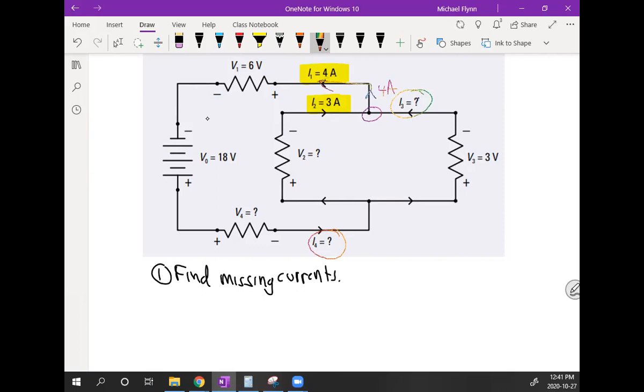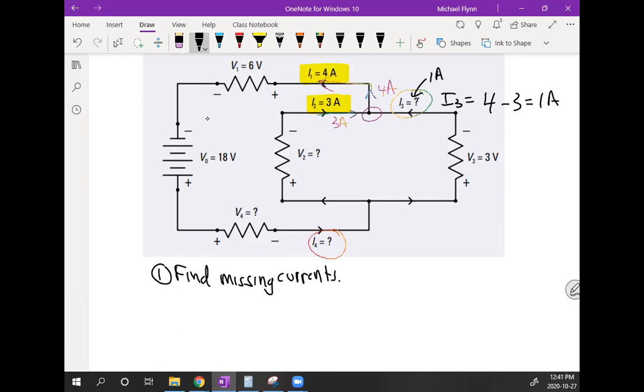Flowing into that junction is 3 amps, like it says right there. So let's use the current law. What is I3 then? I3 would equal 4 amps minus 3, which is 1 amp. So we just figured out that this one is 1 amp.